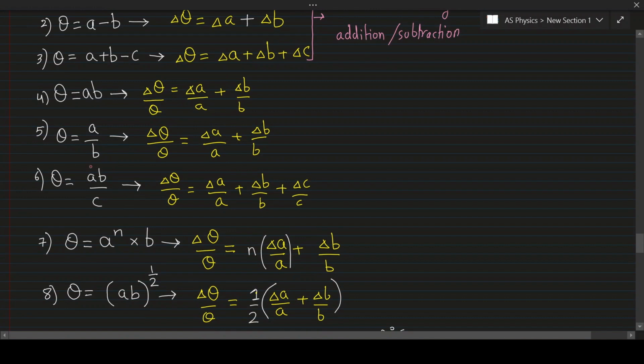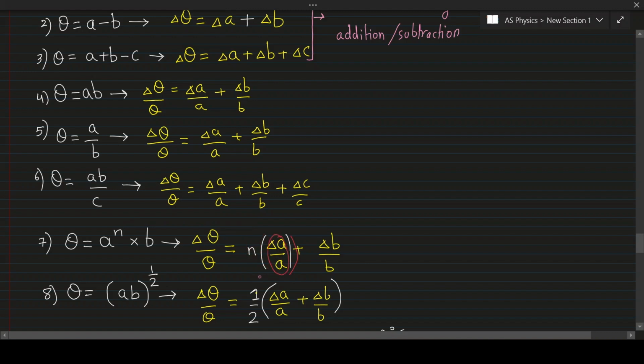We can see in example 6, we are again implementing the same thing. But in 7, there is an exponent, a power on A. So what you're going to do is place it at the front and multiply it with the whole fractional uncertainty.